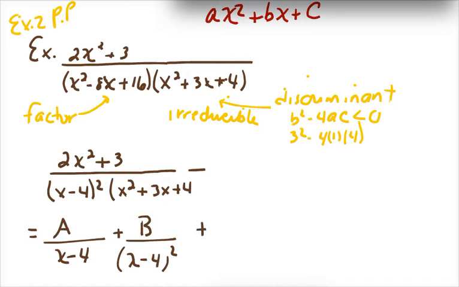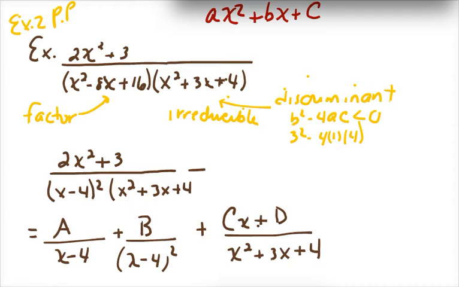And then the last one is an irreducible quadratic, so it's going to be Cx plus D all over the irreducible. I'm not going to work the integral or anything. This is just the partial decomposition. And that's how the irreducibles work.